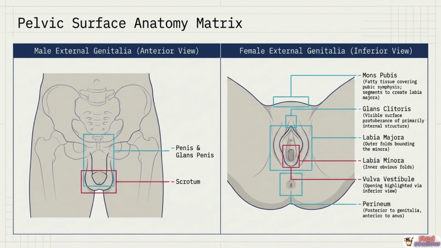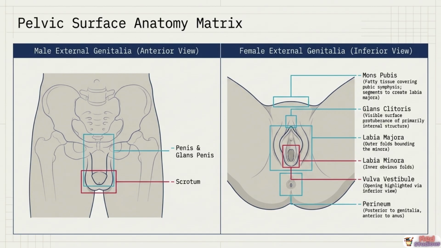We now map the surface anatomy of the external genitalia, an essential component of clinical examination that all healthcare professionals must understand with anatomical precision and without ambiguity. This slide presents both male and female external genitalia from their standard examination perspectives.